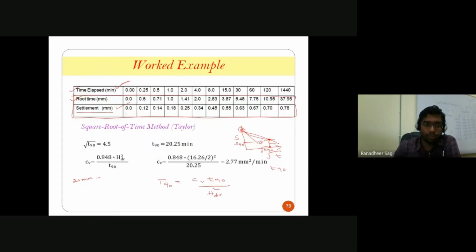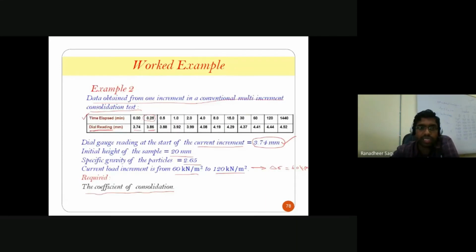So the height of the soil sample, I repeat, the height of the soil sample before stress increment is nothing but 20 mm minus the initial dial gauge reading value, that is 3.74 mm.